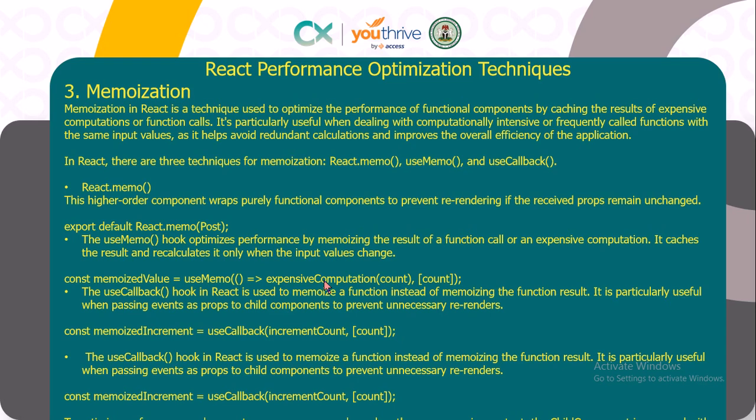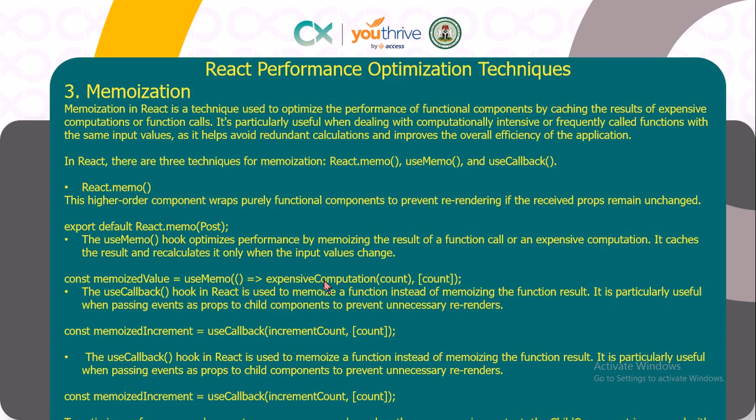So in React, there are 3 techniques for memoization. The first one is React.memo, so you're going to see how that works. Then useMemo and useCallback. React.memo is the first step.